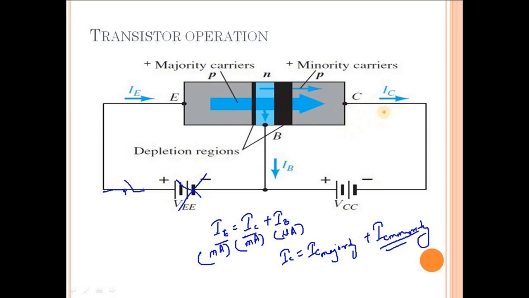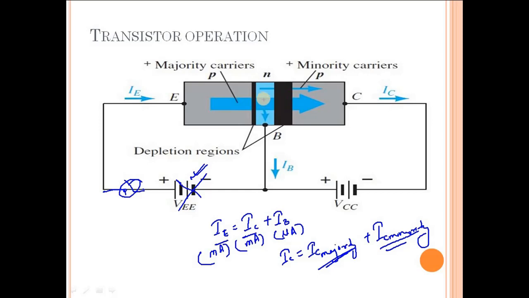That means IC minority is that component of IC current when this is open, or you can say this VEE DC bias is not present. So that is IC minority. Now what is IC majority? IC majority is that component of collector current which is contributed by the majority charge carriers of this P layer, that is holes, when they move under the effect of this VEE to the N layer.